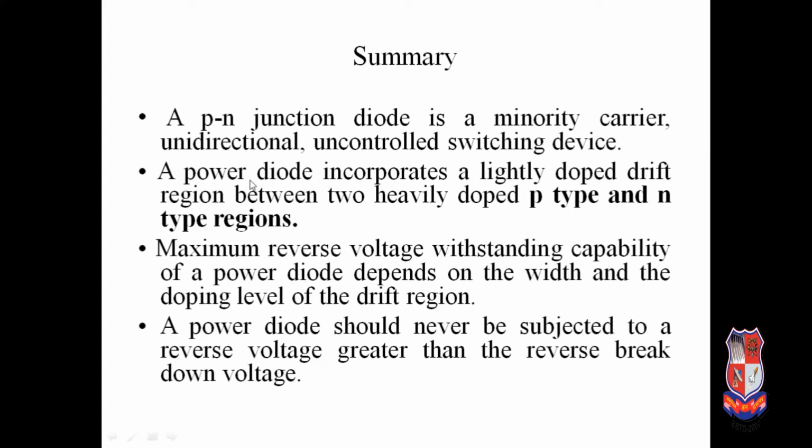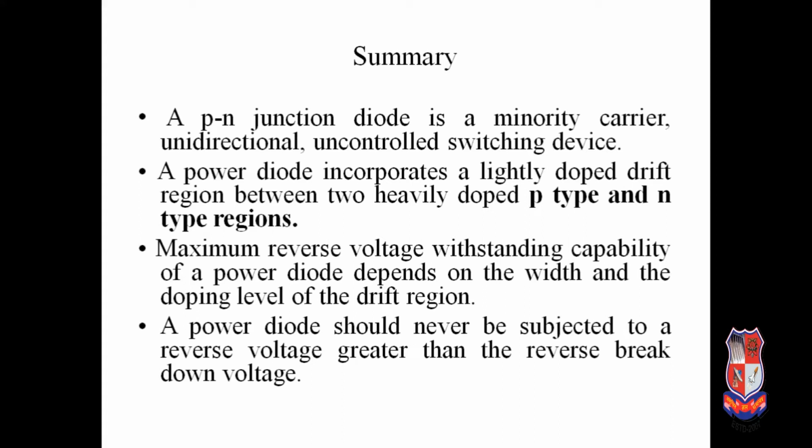Now the second point is the power diode incorporates a lightly doped drift region between two heavily doped P type and N type regions. So to increase the strength of the diode, and to have a range of voltage and current, a drift region is added in between the P type and N type material.